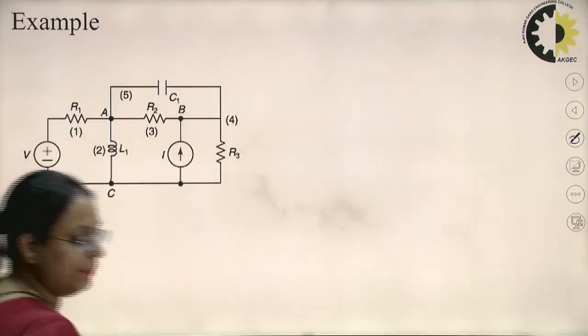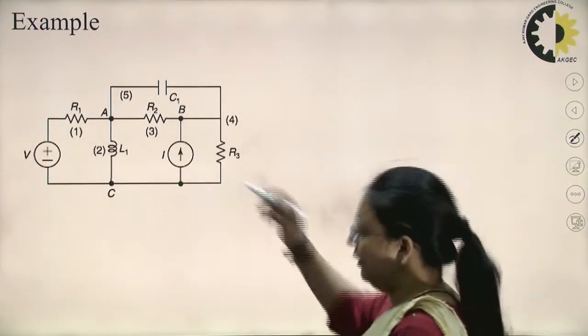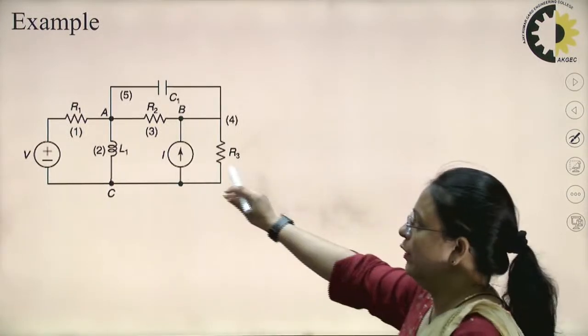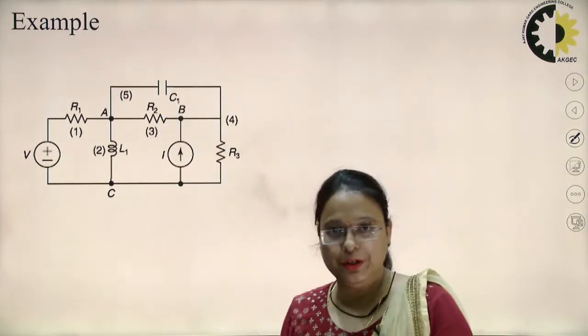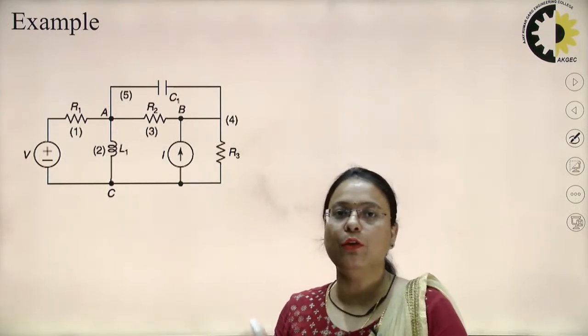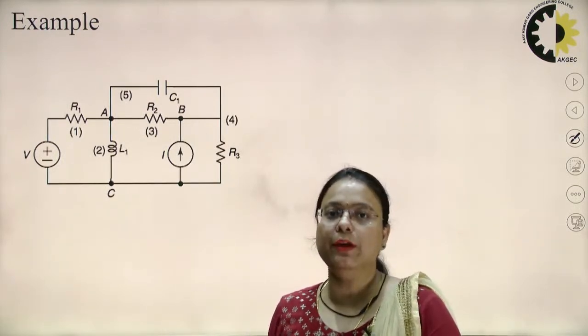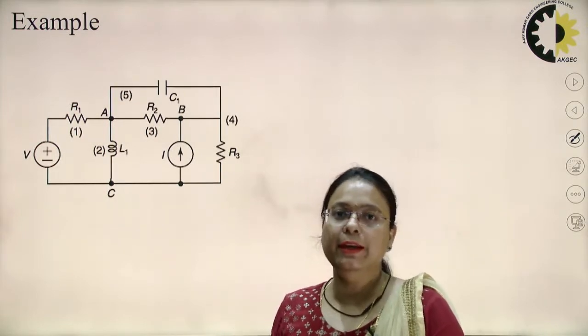Now this is the example I have taken to draw the tree from this network. So from any electric network, if we want to draw a tree, first of all we draw the graph, then we draw the tree from that particular graph. We cannot draw a tree directly from an electric network.